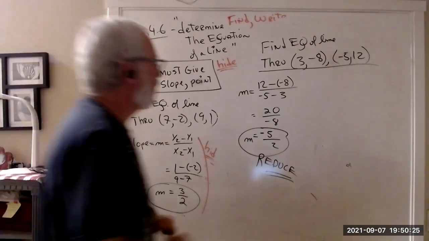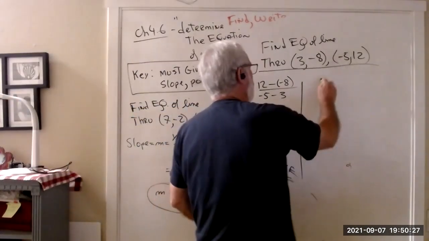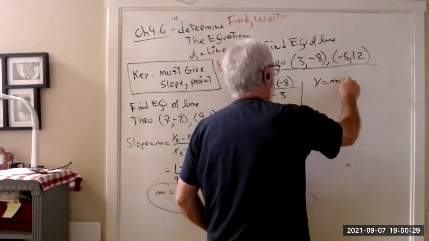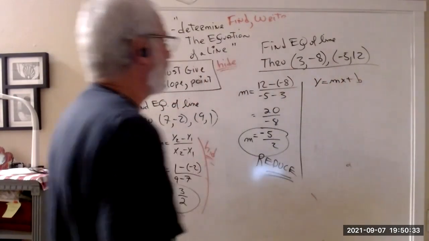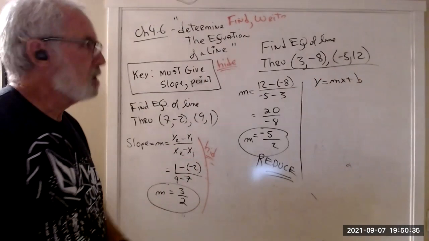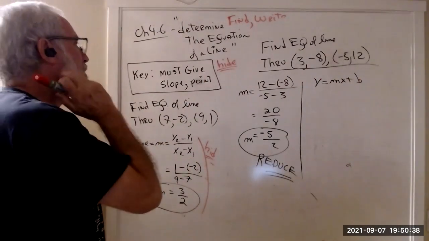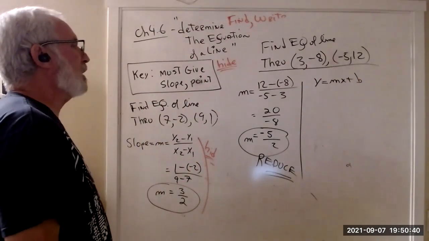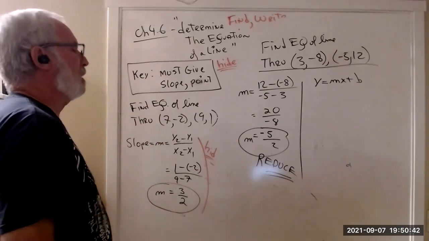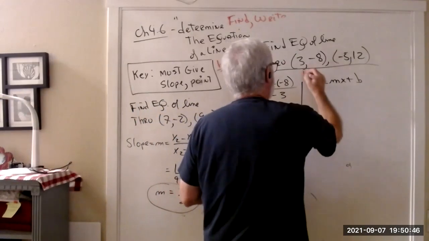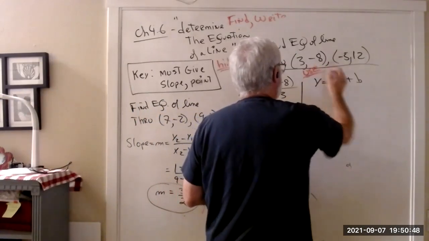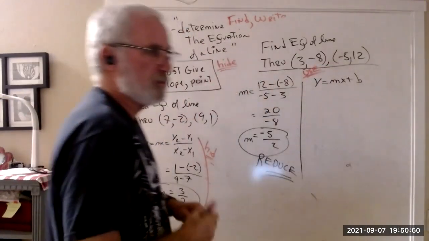Okay, so we move over, we start with y equals mx plus b. Oh, which point do I use? Oh, they both have negatives. I don't know. For lack of anything better, I'm going to use this one. I don't know why. I just am.